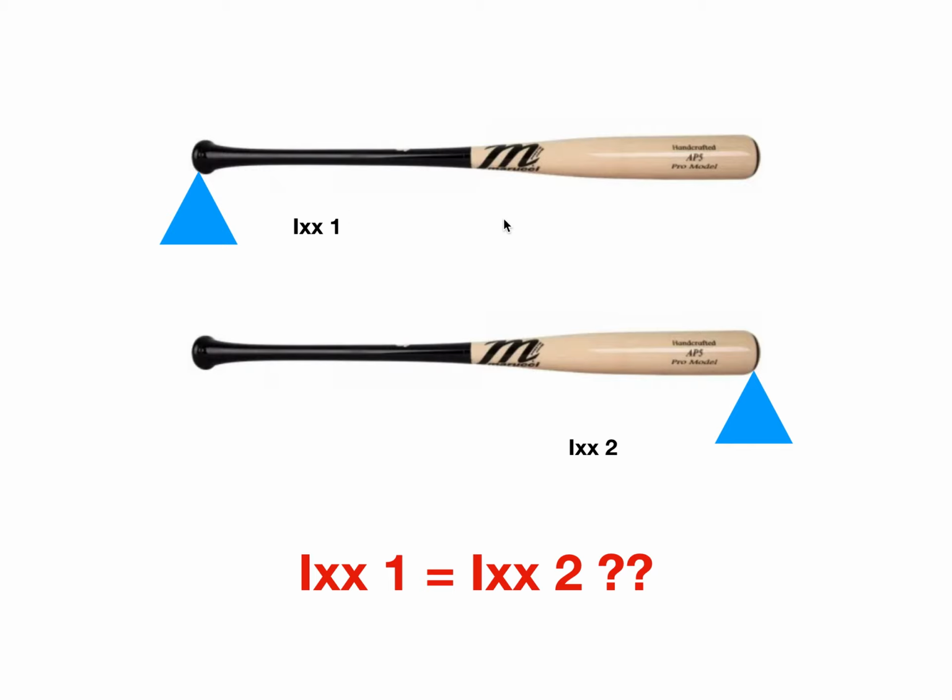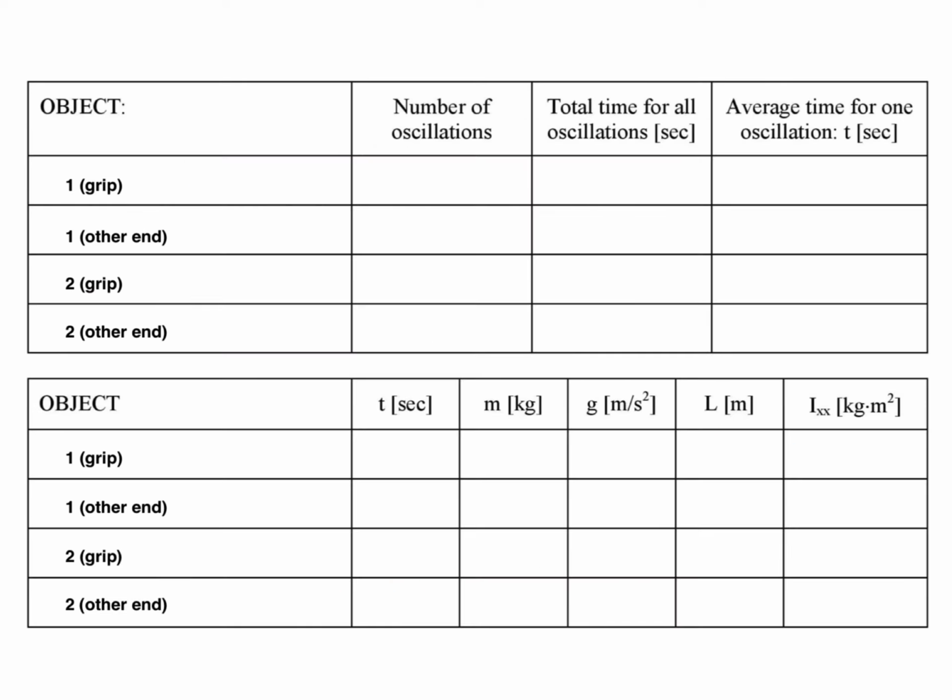So it'll be center of mass to the grip, which is longer, right? Compared to center of mass to the other end. So this L is when it's hung at the other end. So you have different L, which results in different moment of inertia. So these four blocks are all you need for today's lab, and I think I'll get all the numbers to you in a demonstration, and you just need to put them into the equation and calculate moment of inertia.